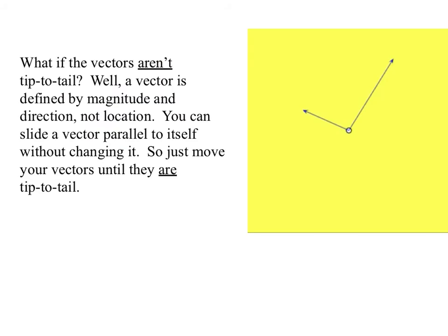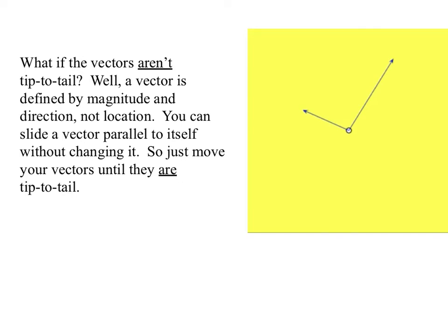What if the vectors aren't tip to tail? Well, then our method seems to break down. But remember, a vector is defined by its magnitude and its direction, but not its location. So we can slide a vector parallel to itself without changing it, as long as we don't change its direction and its magnitude. So in the end, we can just move our vectors until they are tip to tail.